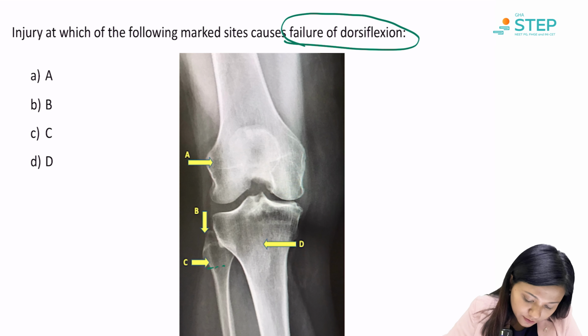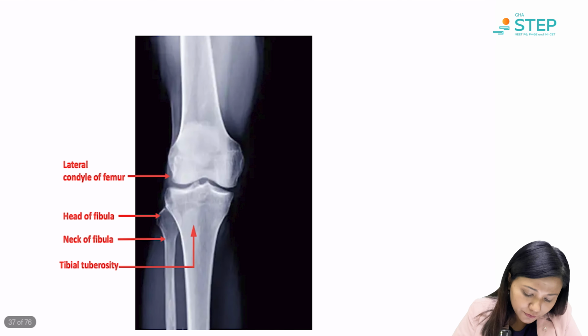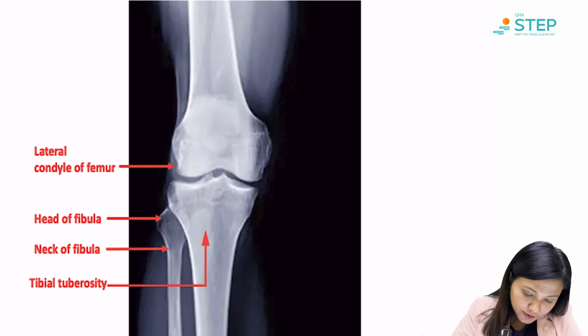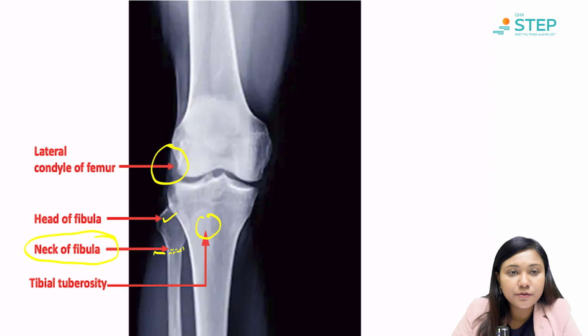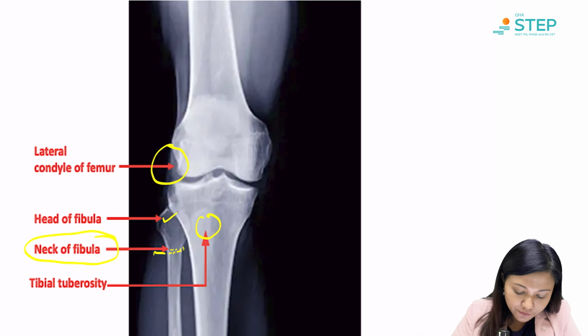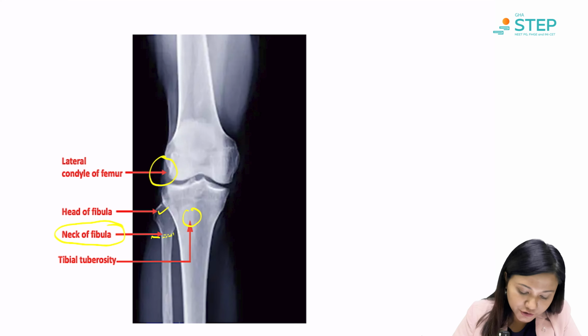So around the neck of the fibula, that is option C. In this X-ray, this is the head of the fibula, this is the neck of the fibula. They have also marked the lateral condyle and the tibial tuberosity. So you know that around the neck of the fibula you have the common peroneal nerve, and injury to it will lead to failure of dorsiflexion.